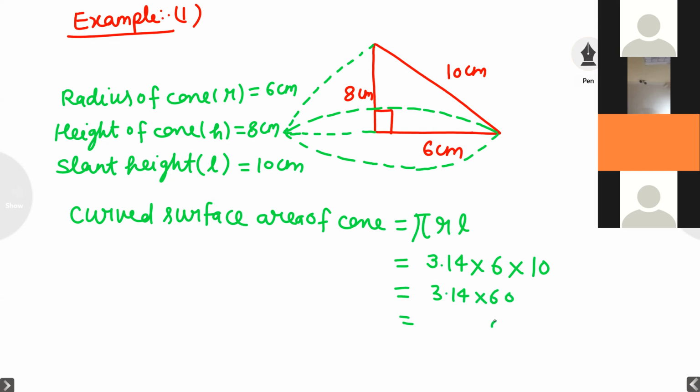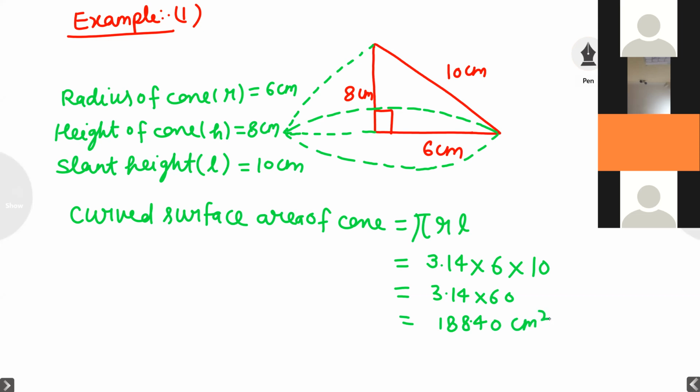Multiply: the answer is 188.40 centimeter square.